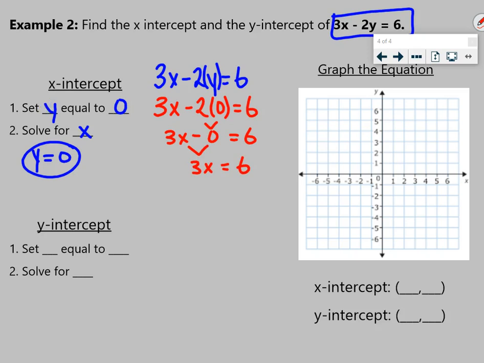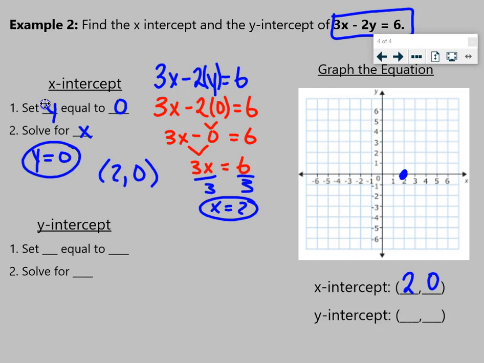So we have 3x equals 6. Divide both sides by 3, and we get x equals 2. So we have y equals 0, x equals 2, which makes the coordinate point 2, 0. So that would be our x-intercept, which would be right there on our coordinate graph.